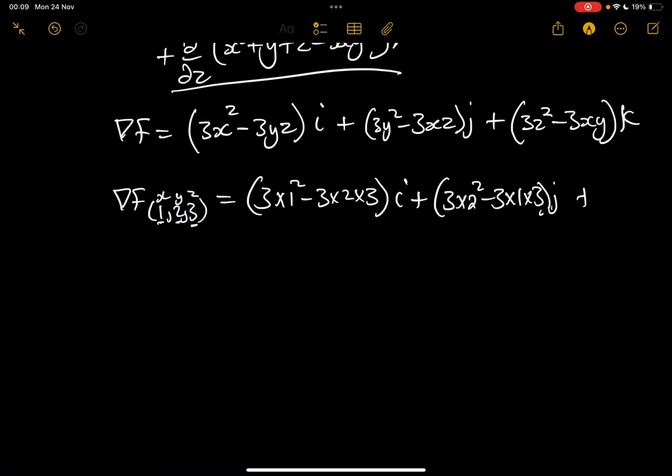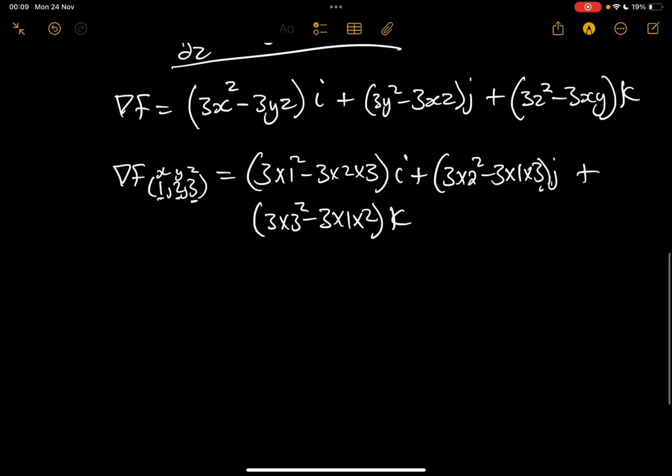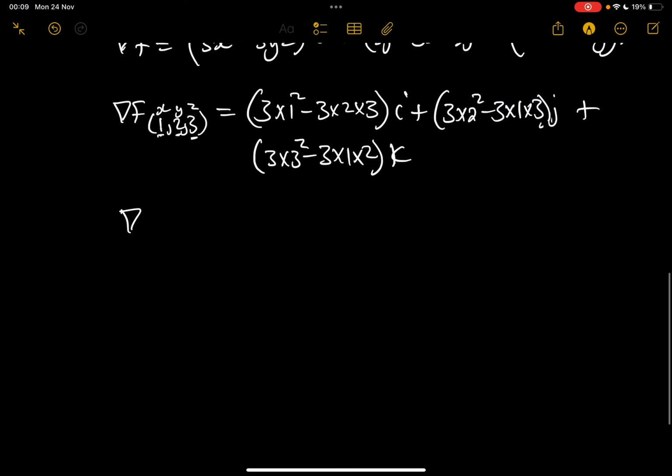This is j plus 3z squared, which is going to be 3 squared minus 3. X is 1, y is 2. This is k. So which means your gradient at the point (1, 2, 3) is going to be what?